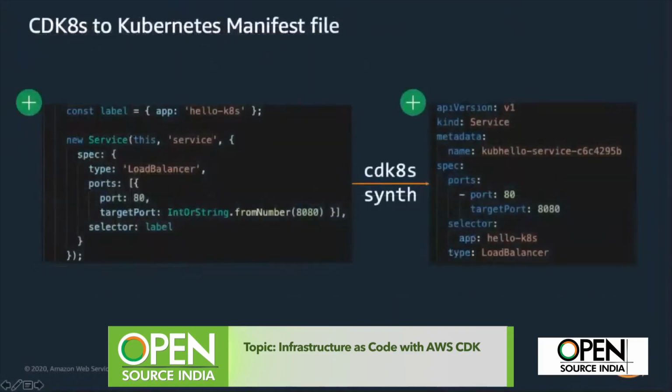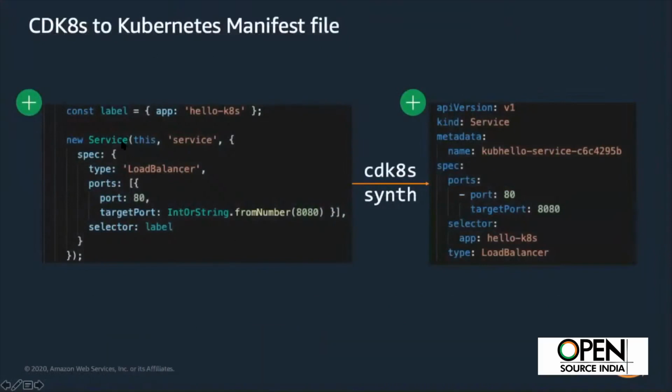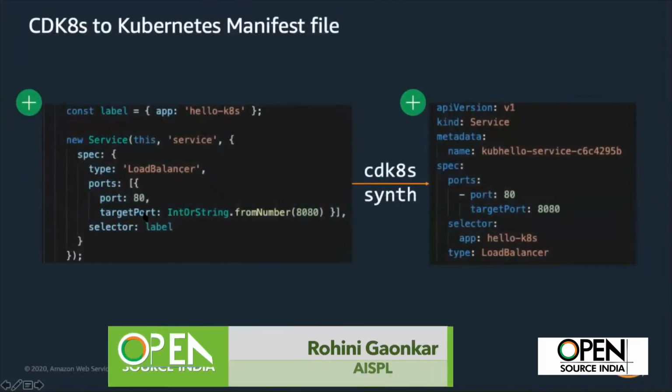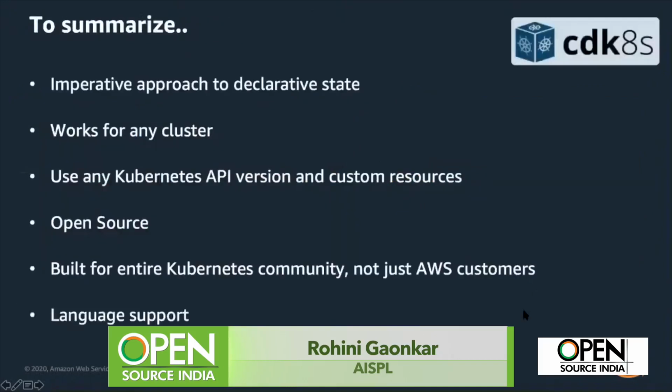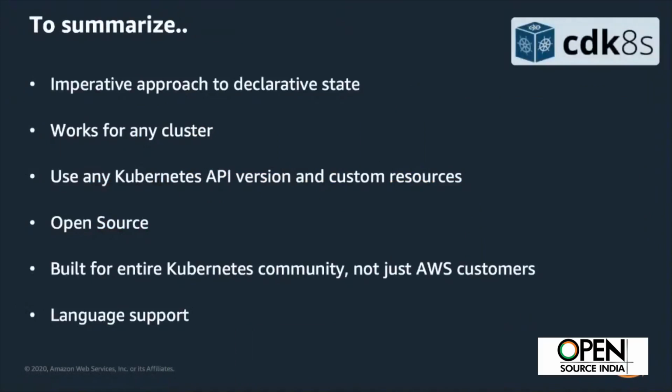A simple example here is the same one that I had showed you, hello cdk8s, and that created this code. So to summarize, it's an imperative approach to writing a declarative state. It works for any cluster. It's open source. It's for the entire Kubernetes community and not just AWS customers. And there are a lot more languages that we want to support in the future.